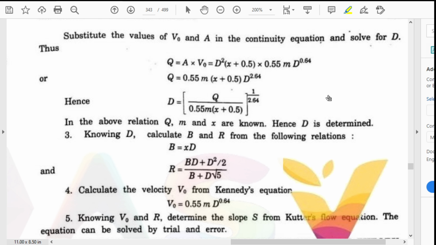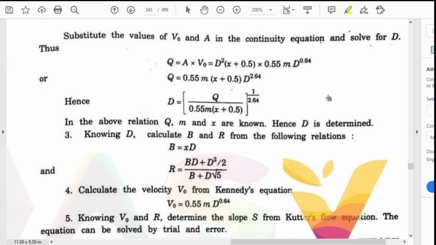Now we have the area in terms of D and the velocity also in terms of D. So by using the continuity equation, Q equals area into velocity, we can find out the depth value, because Q is given.